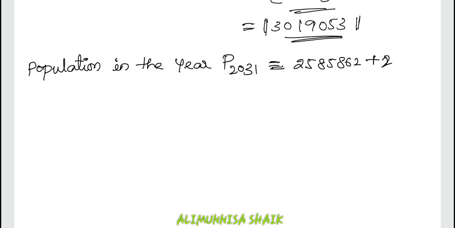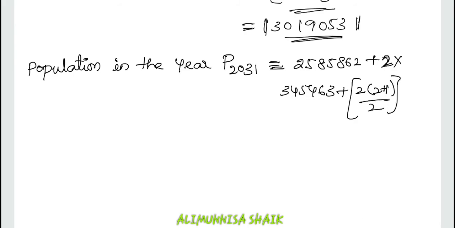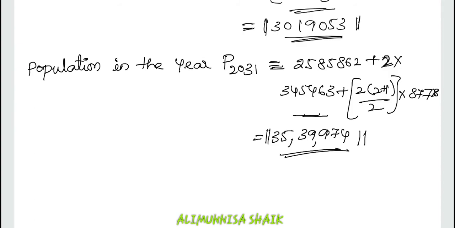So I am taking the N value as 2 into the X value 345463 plus, N value will be 2, so I am writing it as 2 into 2 plus 1 by 2 into Y value 87728. So after calculating everything, we will be getting the final answer as 35,39,974. This is going to be the population in the year 2031.